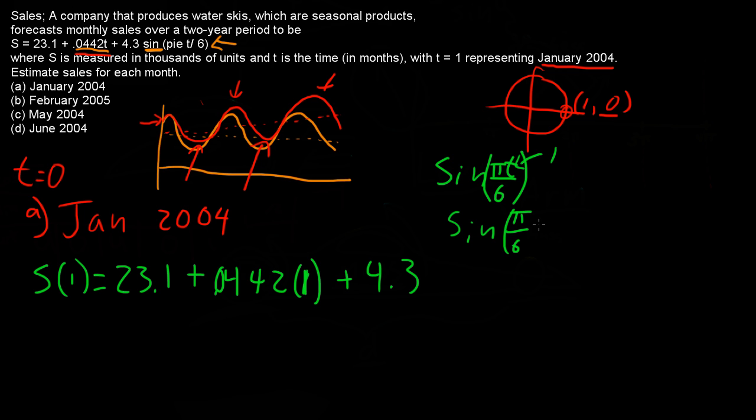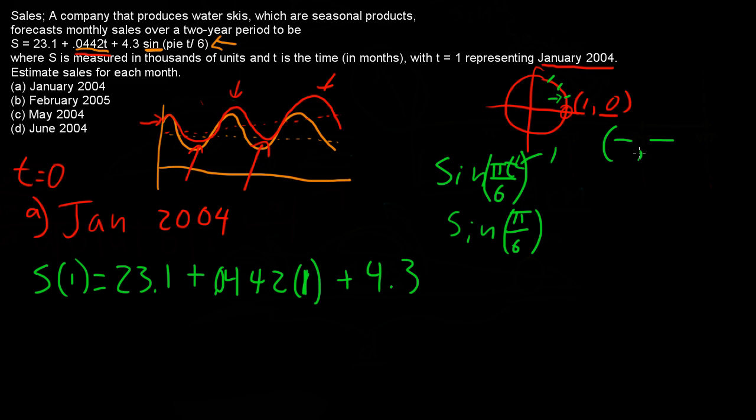We know from our unit circle that pi over 6 is the first point just above (1, 0).